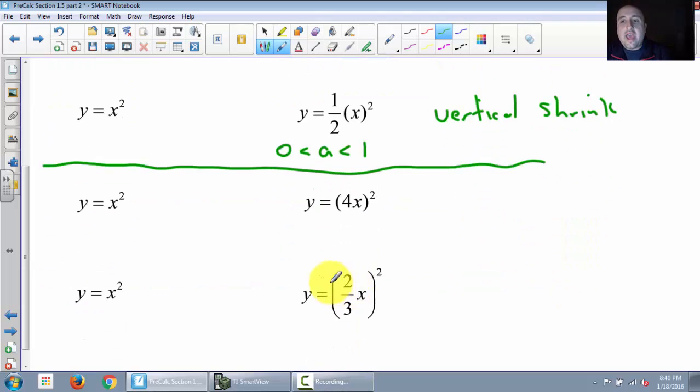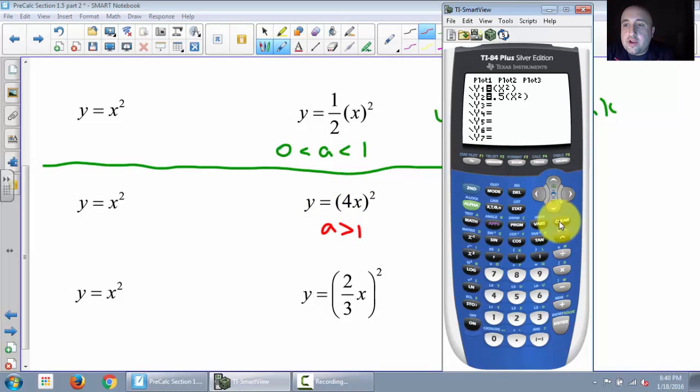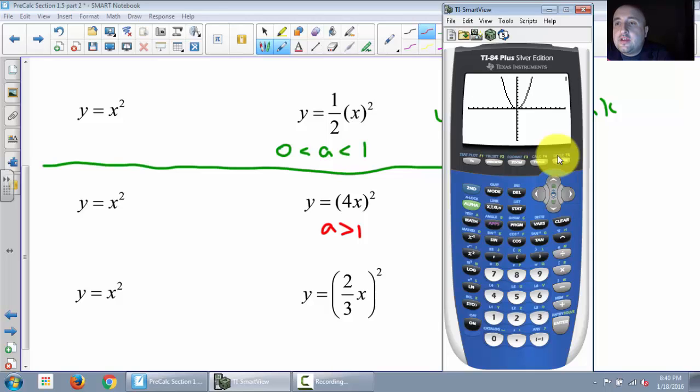All right, so now let's go do the last two here. Now we're taking our x and we're multiplying it by a number. So if the number you're multiplying by x is bigger than 1, let's see what this does. So let's do x squared, and then we're going to get rid of this. Let's take 4x squared. Let's see what this does. Here's our parent. What it's doing is it's smushing the basketball horizontally inward.